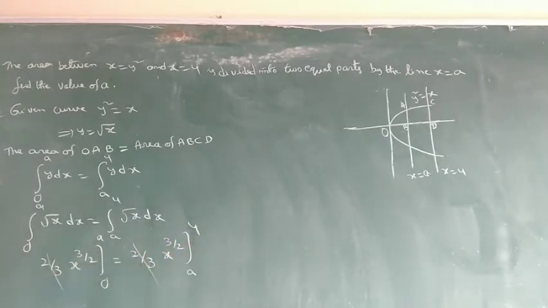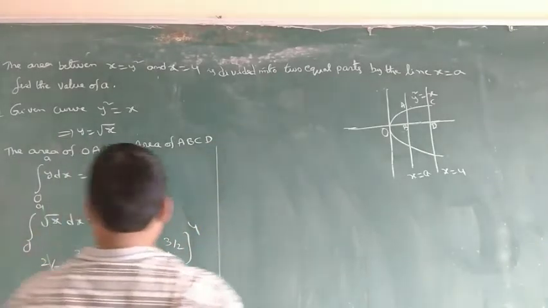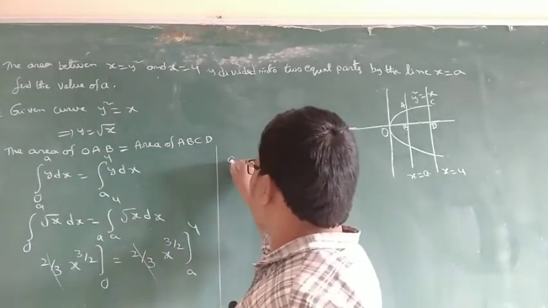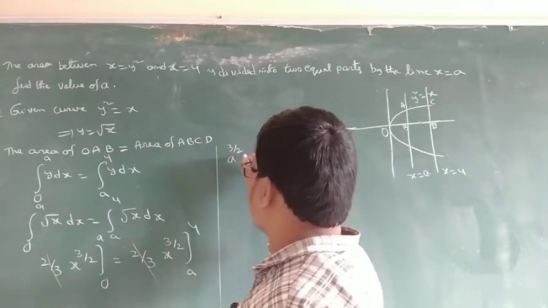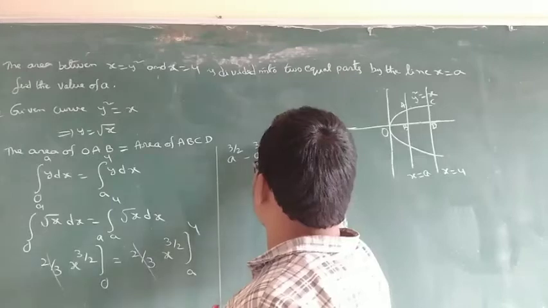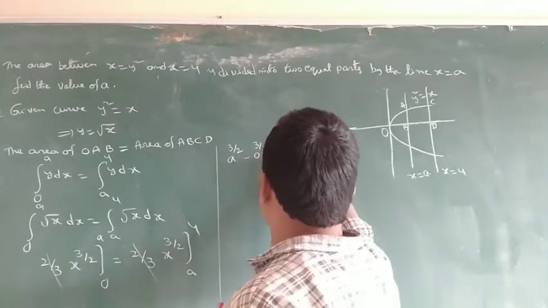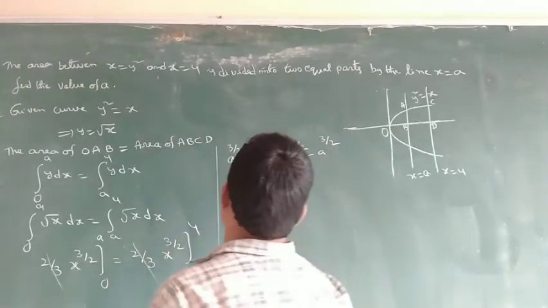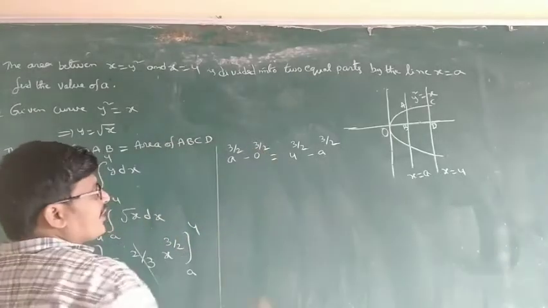The 2 by 3 cancels. First the upper limit: a power 3 by 2 minus 0 power 3 by 2 is equal to 4 power 3 by 2 minus a power 3 by 2. Zero power anything is 0.